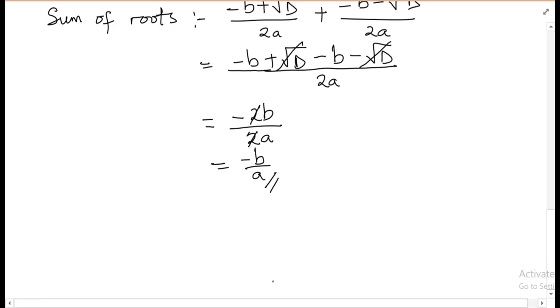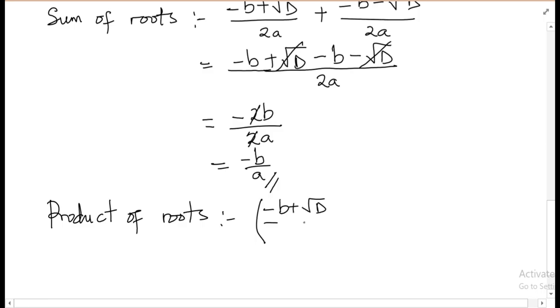So let's look at the product of roots. Product is multiplication. So we have minus b plus root d all over 2a times minus b minus root d all over 2a.